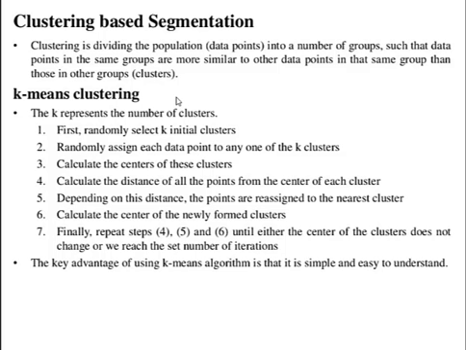Finally repeat steps 4, 5, 6 till the centers of the clusters do not change and we reach the set number of iterations. Iterations means repetitions, that we have to repeat again and again.